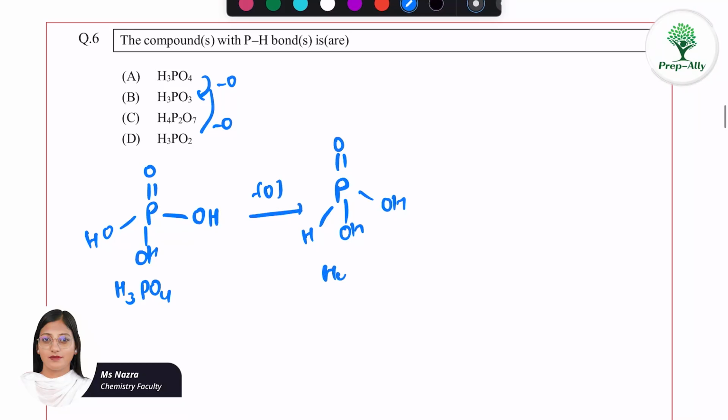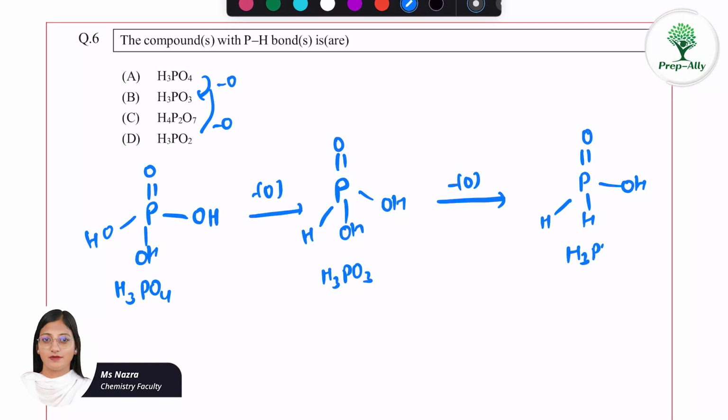This is your H3PO3, phosphorous acid. Then remove one more oxygen. It will give you P double bond O, OH, H and H. This is your H3PO2, hypophosphorous acid.